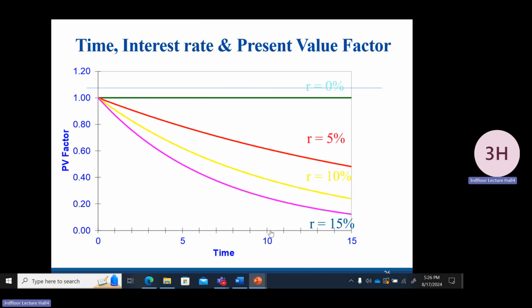What is happening to the value over time? Suppose here 10 years: value at 15% here, value at 10%, value at 5% here. Likewise, you can see there is a negative relationship between time, interest rate, and present value interest factor. It is clear.